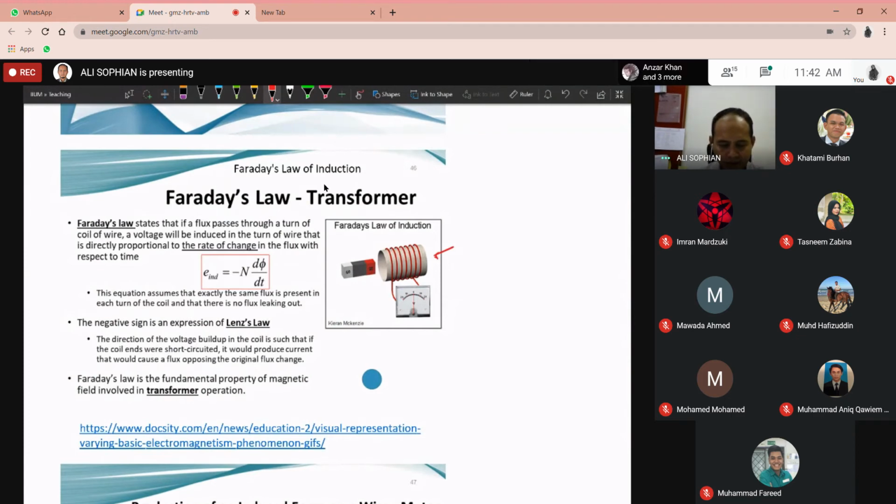What we need to underline here is the rate of change in the flux, which is d flux by dt.